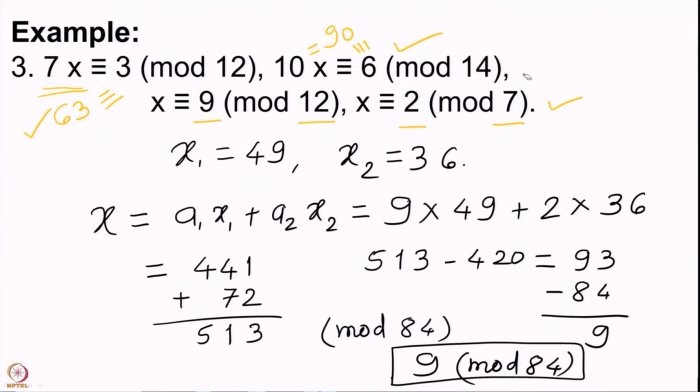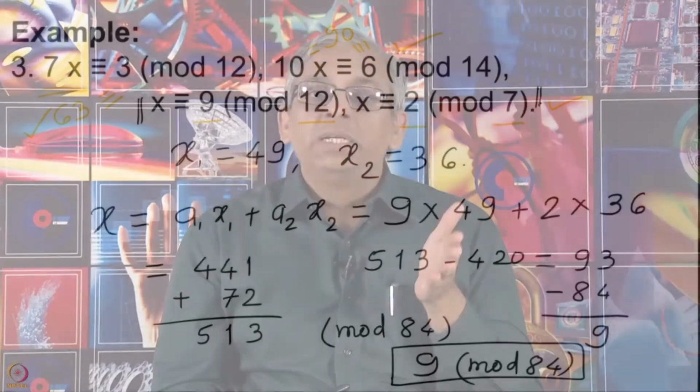So thus we have been able to solve this different looking system by first modifying it to a system where we can apply the Chinese remainder theorem, and then we applied the Chinese remainder theorem to obtain the solution. Once again, what are the systems where we can apply the Chinese remainder theorem?